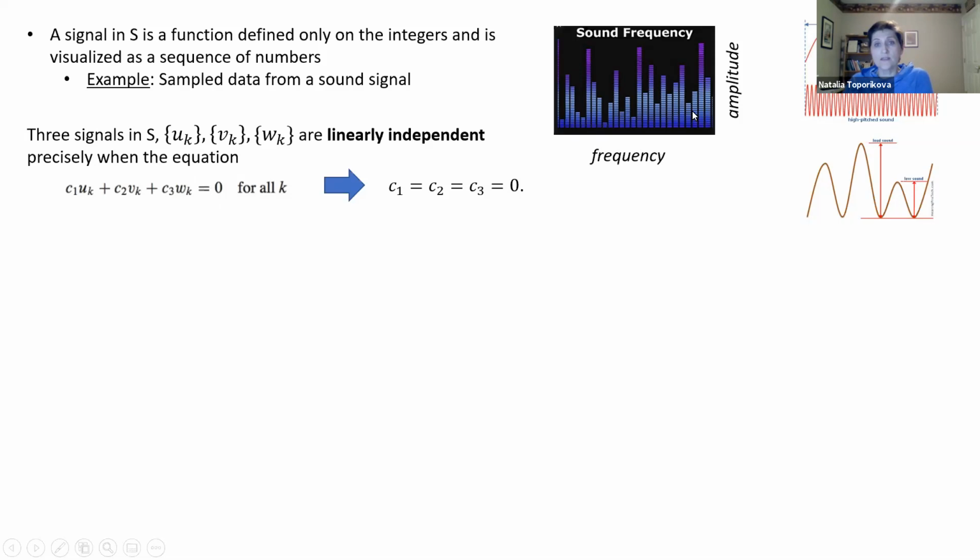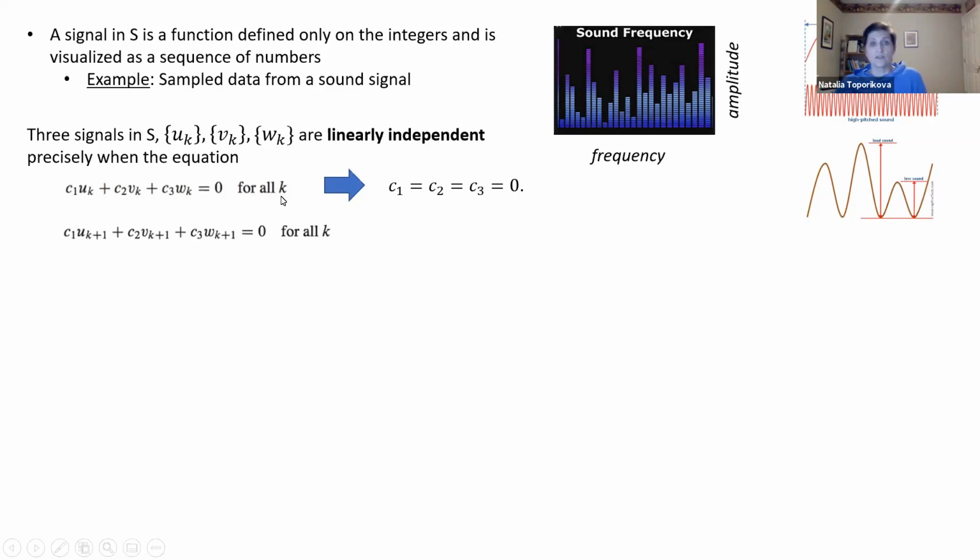Using the example of sound here, we can interpret it as if we have these three frequencies, say, not exactly the most exciting sound, but say three frequencies. And this sound will be equal to 0, or you will hear nothing, only when the intensity of all three frequencies equals 0. So when the signals are linearly independent, there are no fancy frequency cancellations. All three frequencies have to be equal to 0 to give us silence.